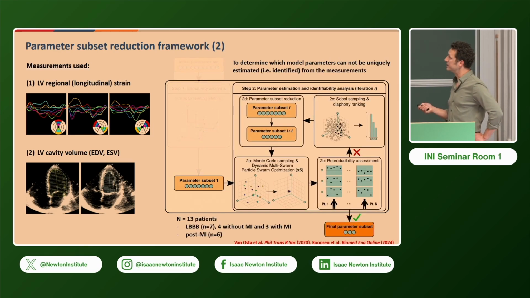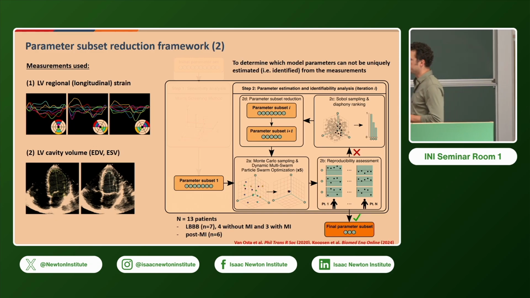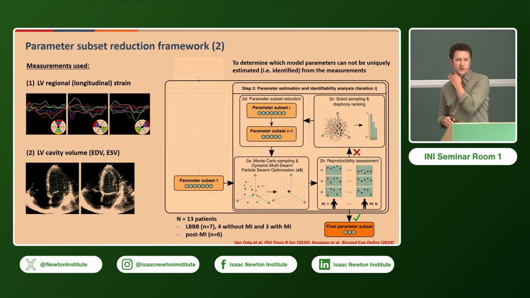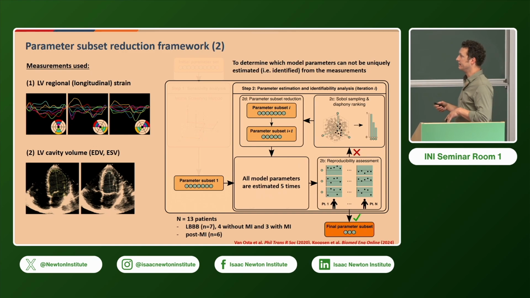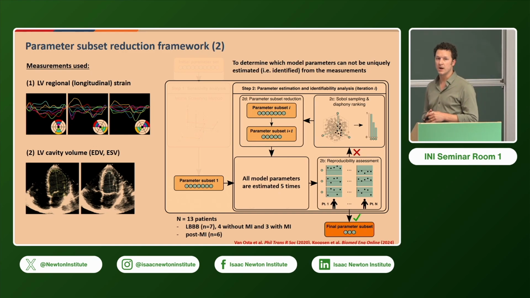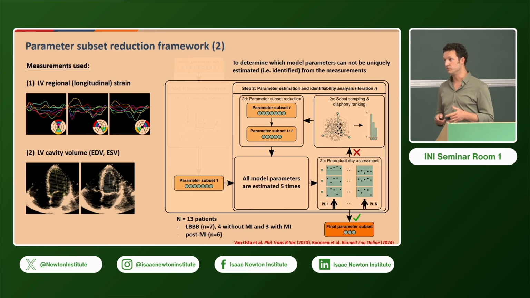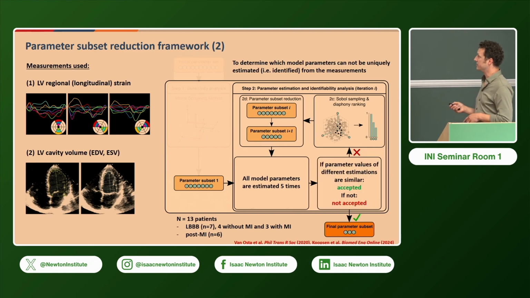Then we go into an iterative loop, fitting on 13 patients, covering quite a wide range of heart failure pathology. We look at how reproducible our estimations are, and if not, we reduce model complexity to a level where these parameters can be estimated reproducibly.